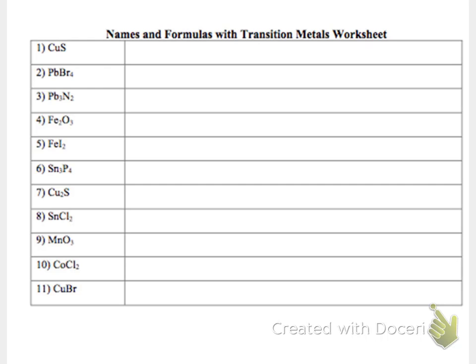Okay, so here the formulas are given. You're going to use the anion charge to figure out the charge on the transition metal, and then from there figure out the name and write the name down. So stop the video, go through and figure them out, and then check your work.